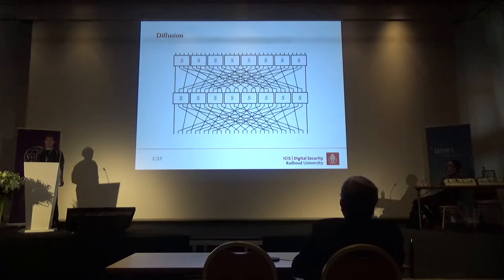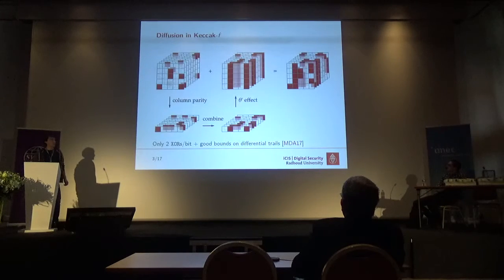And in this talk I would like to focus on a construction that is used in the Keccak function, but which has not received as much attention as a building block for cryptographic primitives.